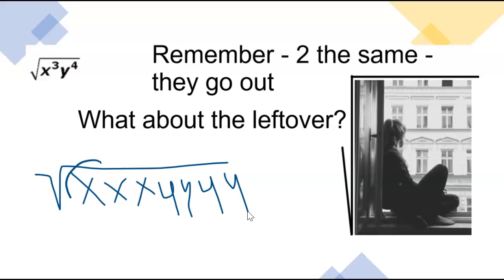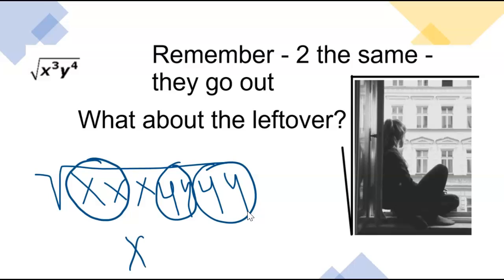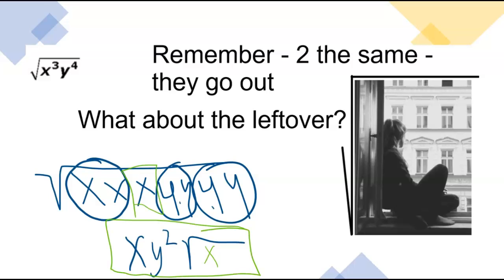So these two x's, these two y's, and these two y's are all the same, right? These two x's can go out and they become one. Ooh, romantic. Two sets of y's. So that's going to be y squared. So there's two sets. What has to stay home? This poor x has to stay inside all by himself. He's been quarantined. Poor guy. And there's that answer.